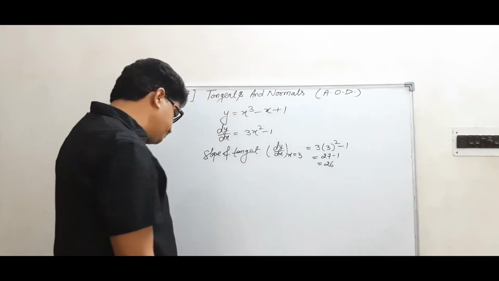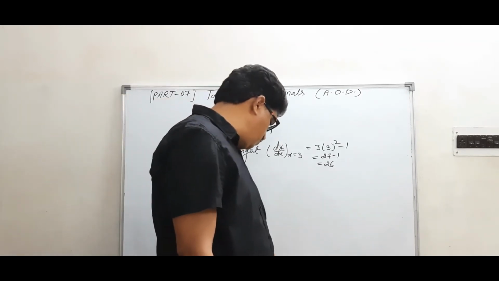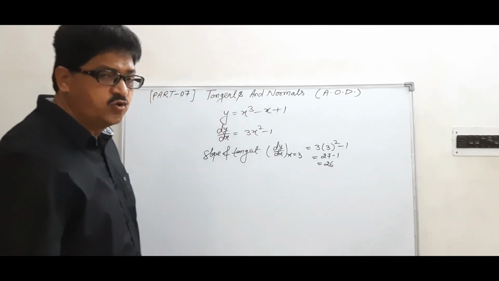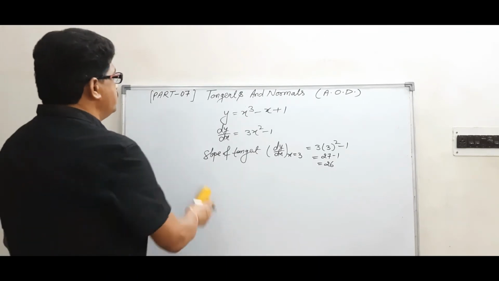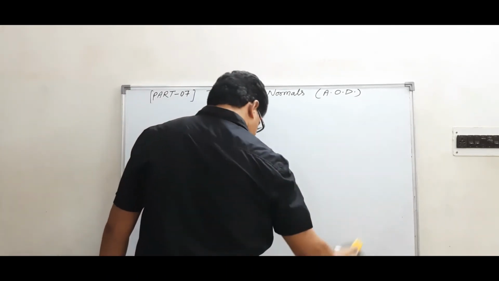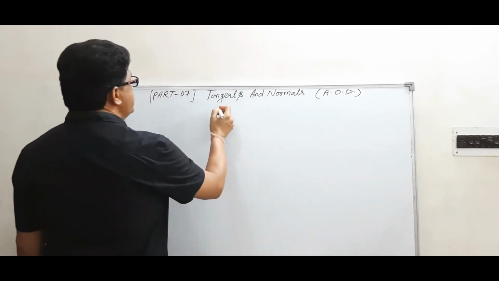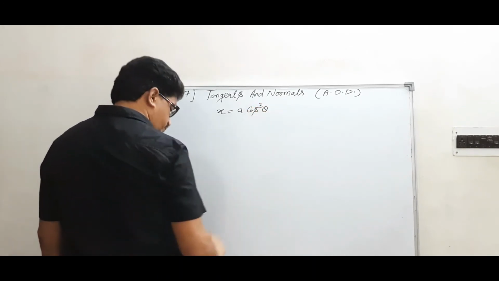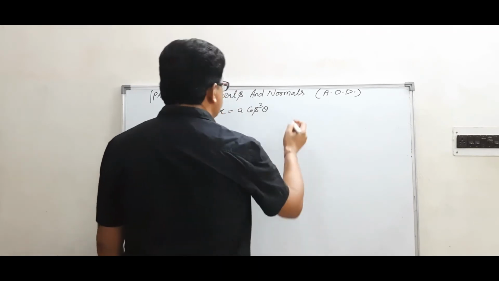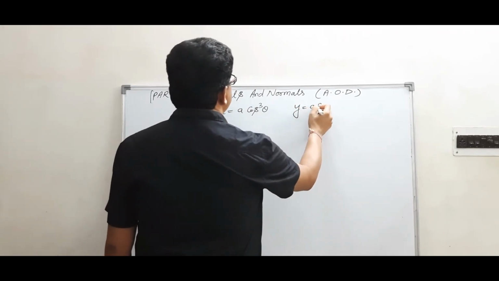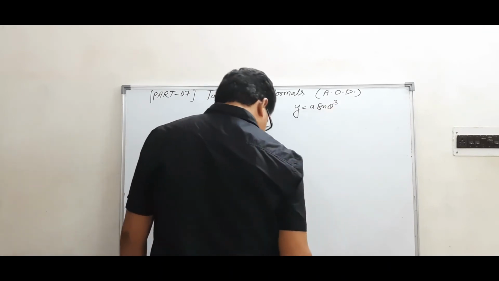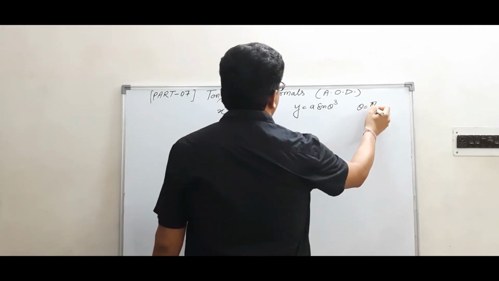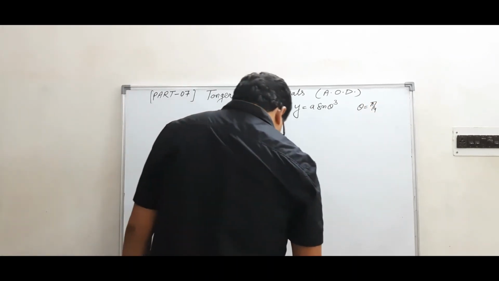Then question number 5. Find the slope of normal to the curve x equals a cos cube theta, y equals a sin cube theta at theta equals pi by 4. We have to find the slope of the normal.